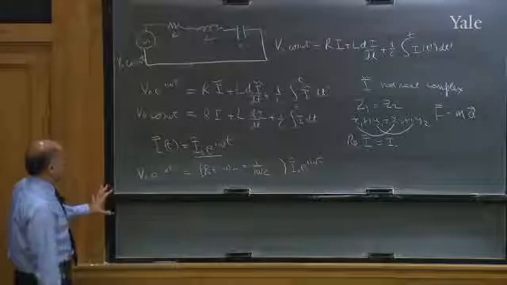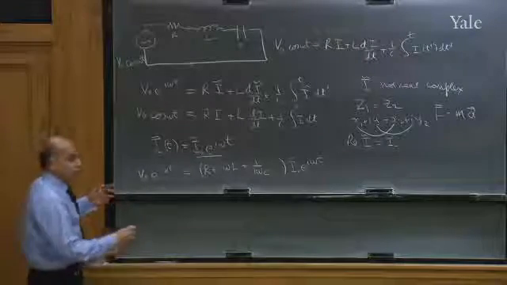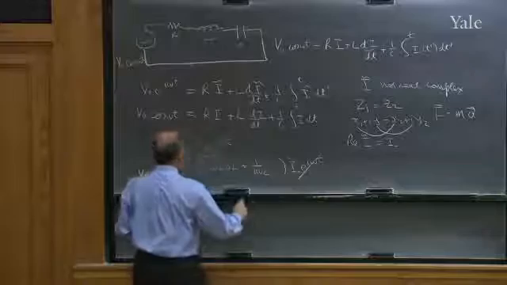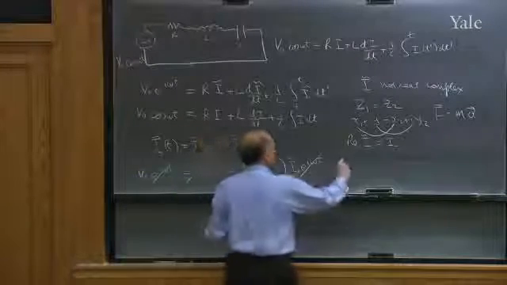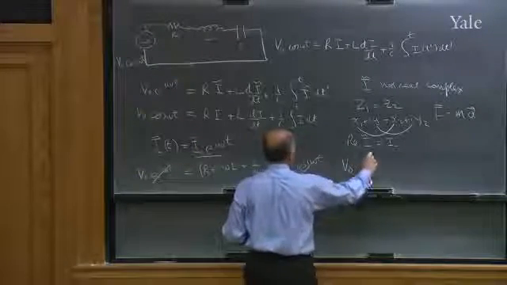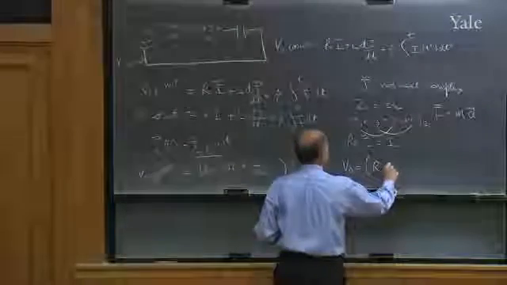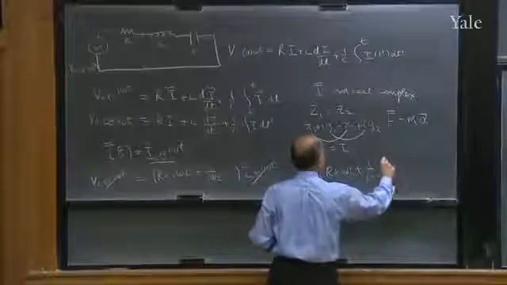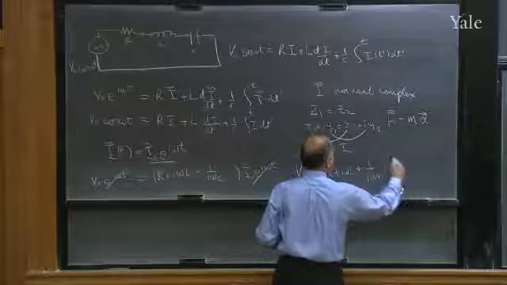So this is a time dependent problem, but miraculously, the time dependence matches on the two sides. And now we get this equation, v0 equals r plus i omega L plus 1 over i omega c times I0 twiddle.